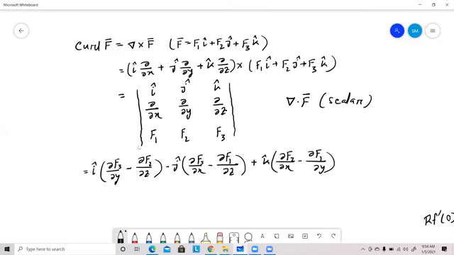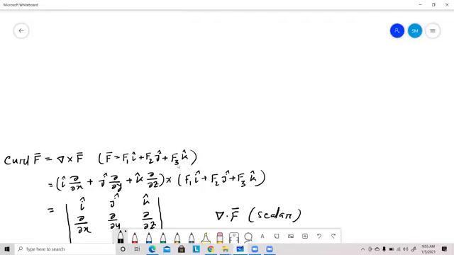What is the physical significance of this curl?